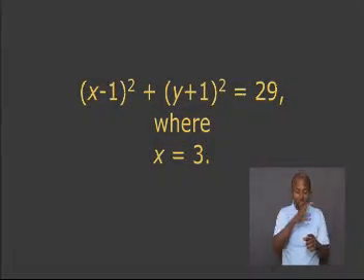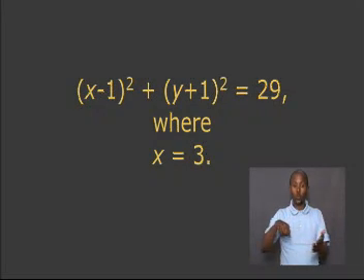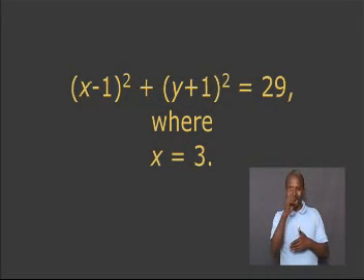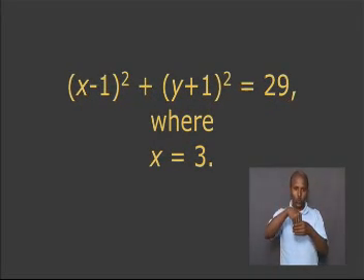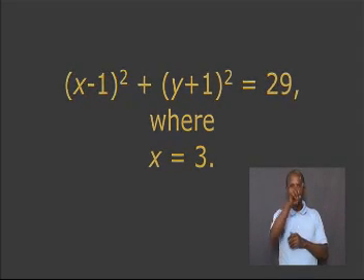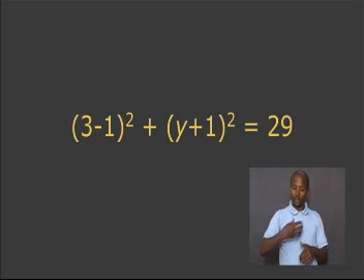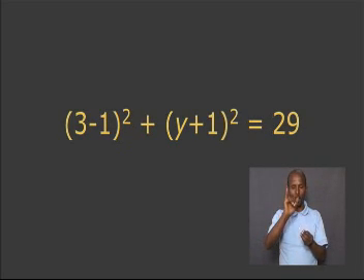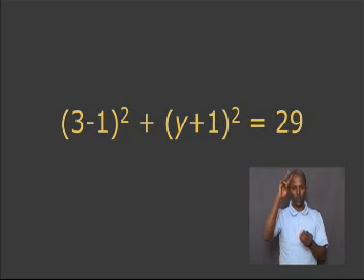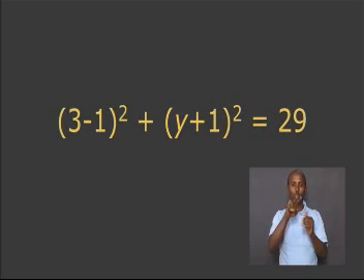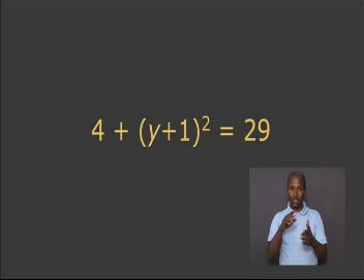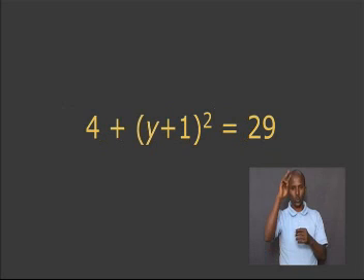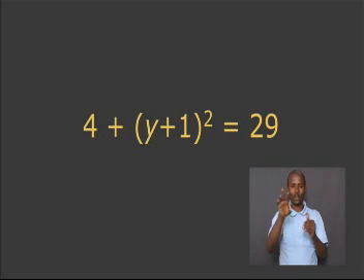To find the intersection points, we can solve for y by substituting the value of x, 3, into the equation of the circle. We get (3 minus 1) squared plus (y plus 1) squared equals 29. This gives us 4 plus (y plus 1) squared equals 29.